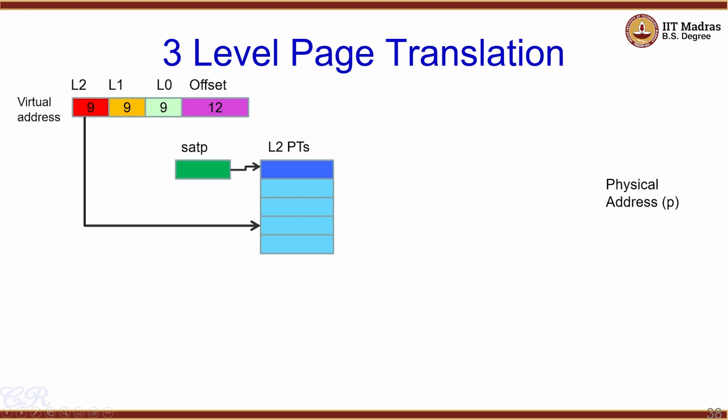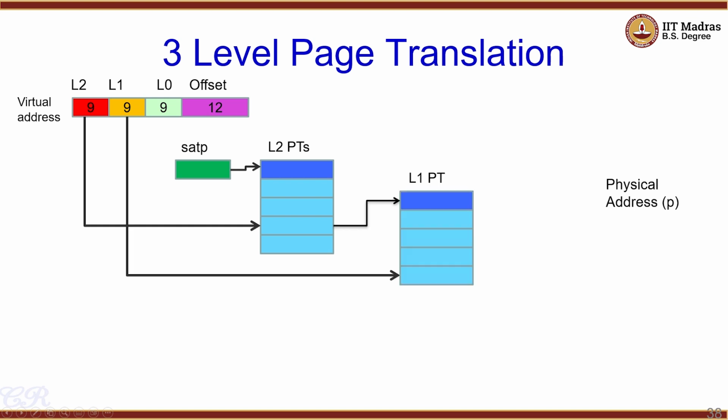The SATP register is used to point to this level 2 page table, which is essentially a page directory, and the topmost L2 bits are used as the index. Then you have the second level of page tables, the L1 page tables, which get indexed based on the entry present in the L2 page table.